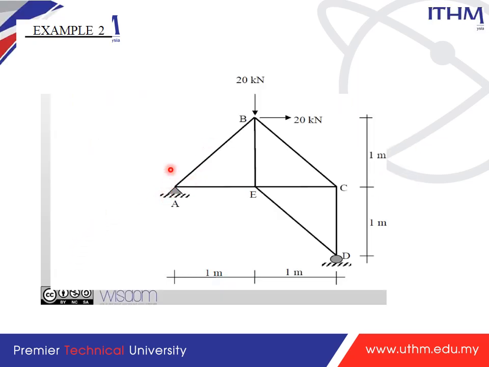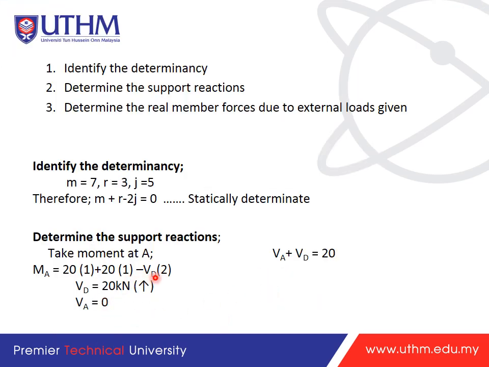So we can take moment at A here. We will involve 3 forces, which are 20, 20, and this part. If we assume the moment is positive in the clockwise direction, then 20 times 1 and 20 times 1, and this one VD is minus, because we assume VD is upwards, so it moves around point A anti-clockwise, so it is negative, times 2.